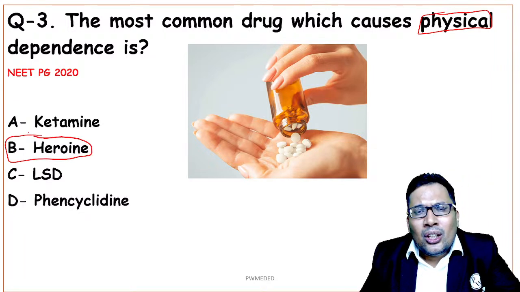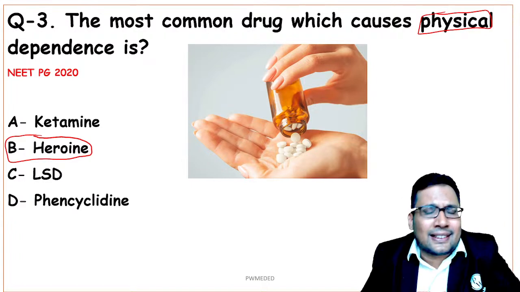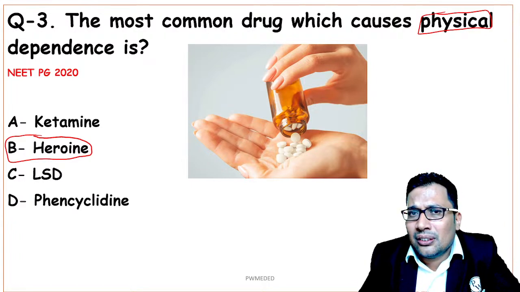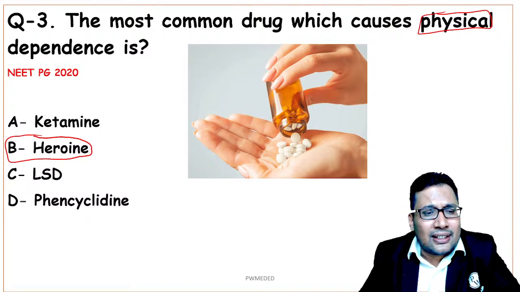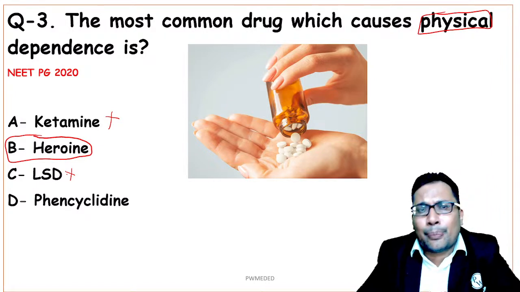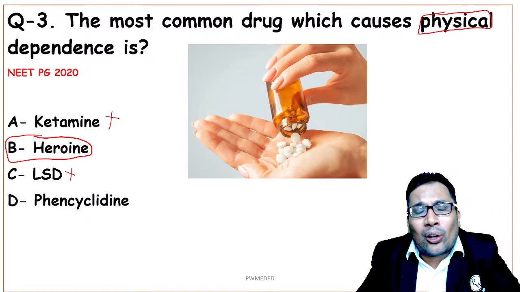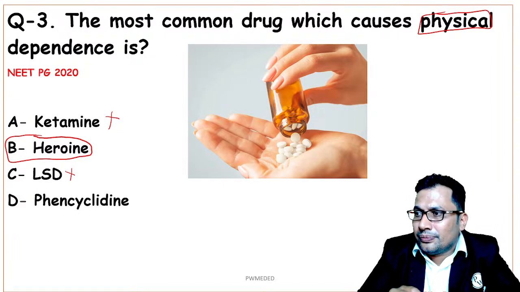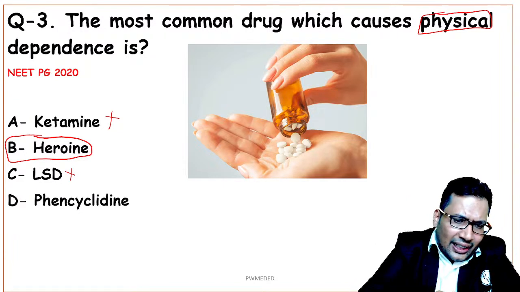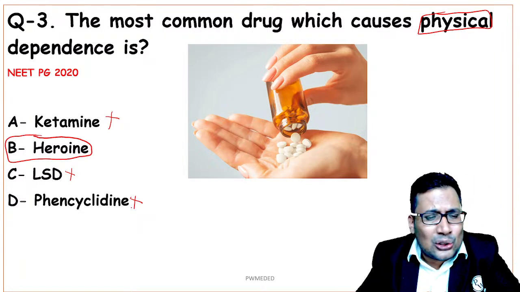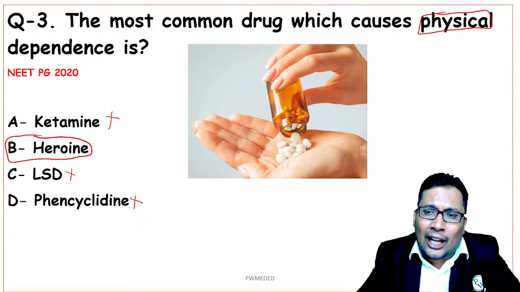Ketamine is known as dissociative anesthesia, so that is not the answer. LSD can cause dependence, but the withdrawal syndrome is very minimal. Phencyclidine is also known as angel dust, that is also not the answer. Your answer should be heroin.